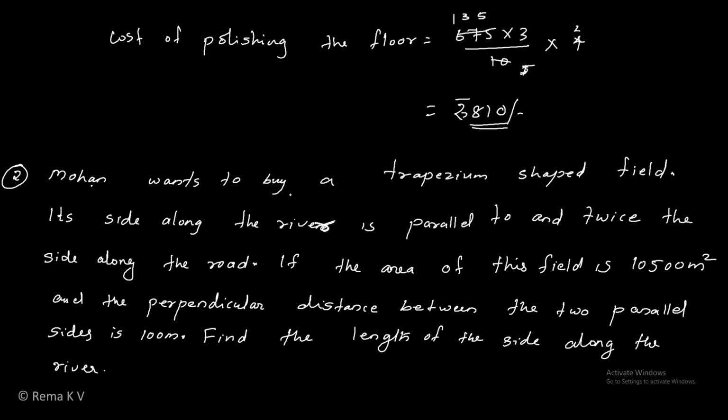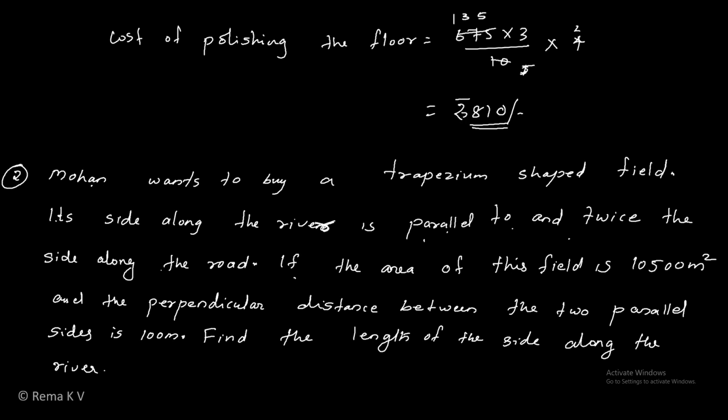Mohan wants to buy a trapezium shaped field. Its side along the river is parallel to and twice the side along the road.